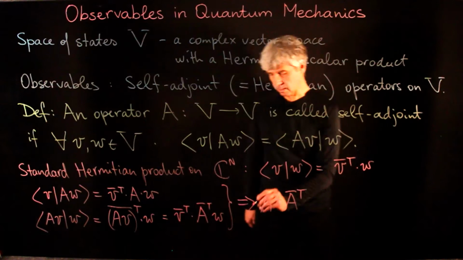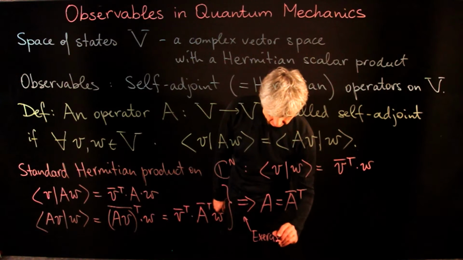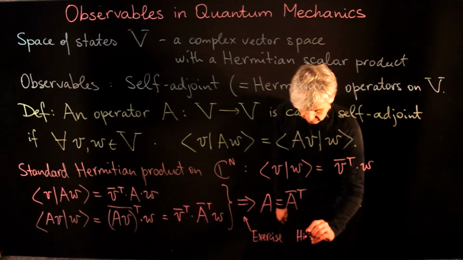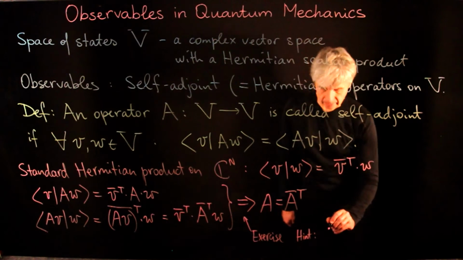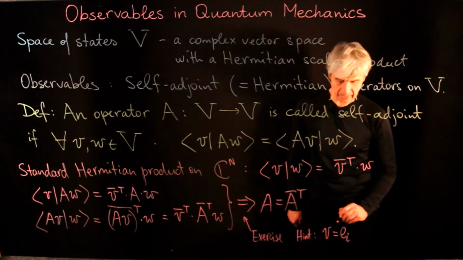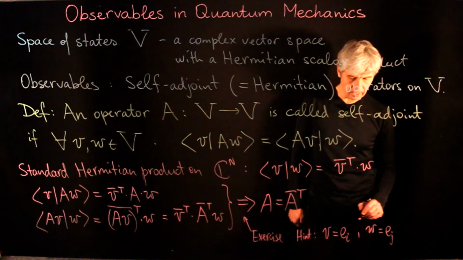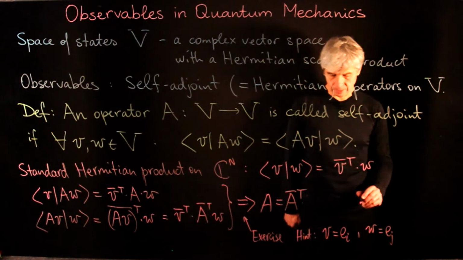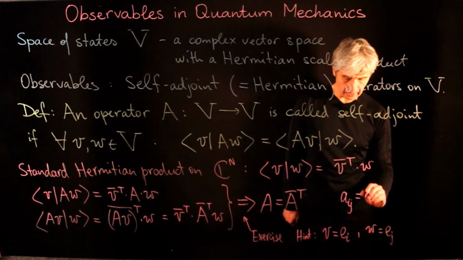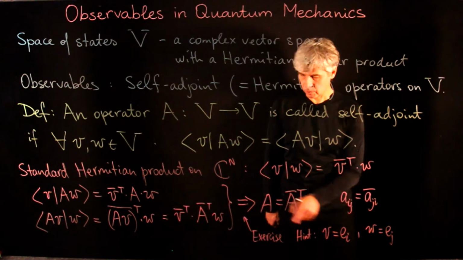So this I leave you as an exercise. Show this, and I'll give you a hint: take as V the standard basis vector Ei, and for W take the standard basis vector Ej, and then this equality is equivalent to saying that Aij is equal to Aji bar.